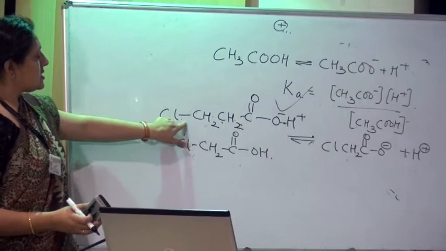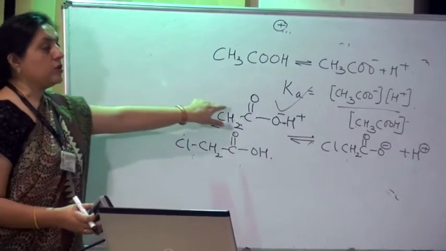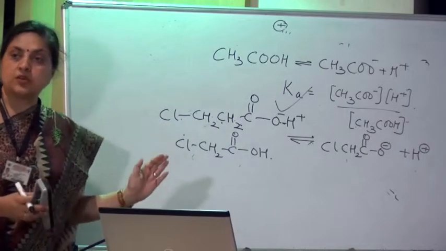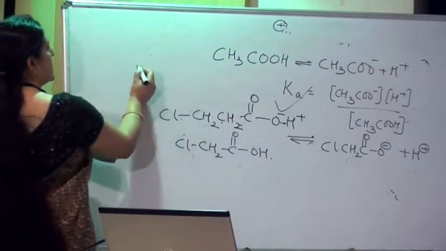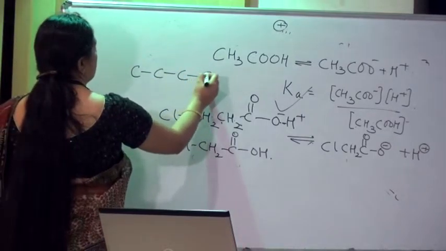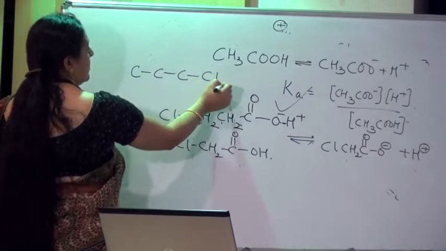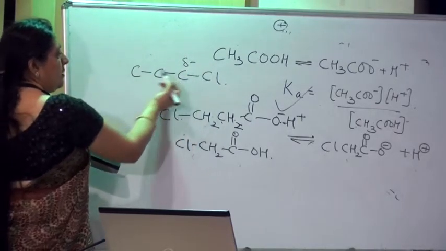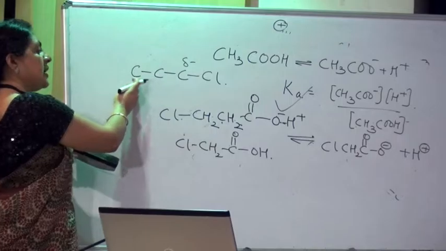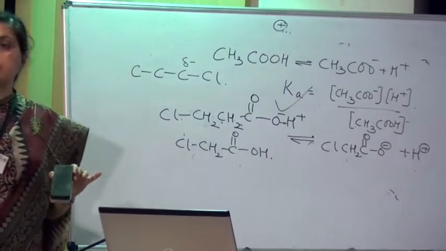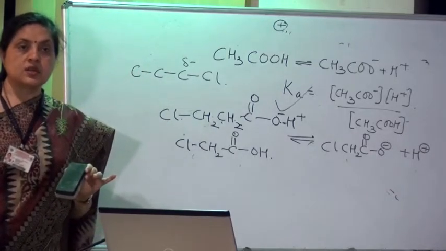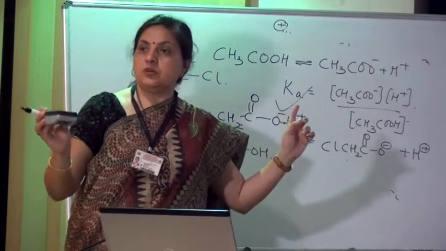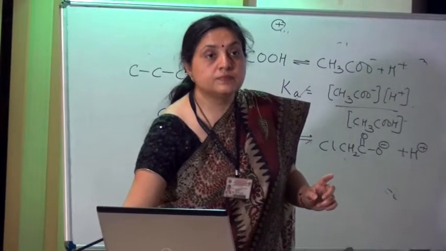The reason is that the Cl group is on the second position, and the inductive effect decreases as we move away from the group. That day we had discussed this, with 1, 2, 3 Cl. Here when it is withdrawing, you have a partial negative charge here, and then it moves further. After the second carbon atom, it diminishes; the inductive effect is very little. Is it clear, all of you? Okay, good.